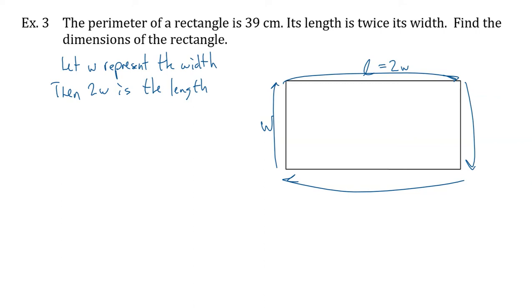So I've got W plus 2W plus W plus 2W, because this one is also W, right? Those are the same length. And this one is 2W, because these ones are the same length. And that equals 39, the perimeter.